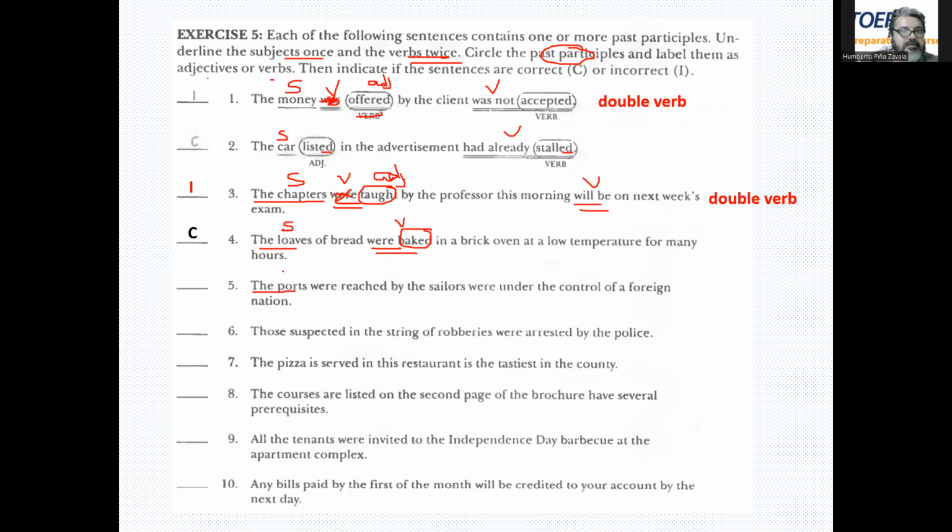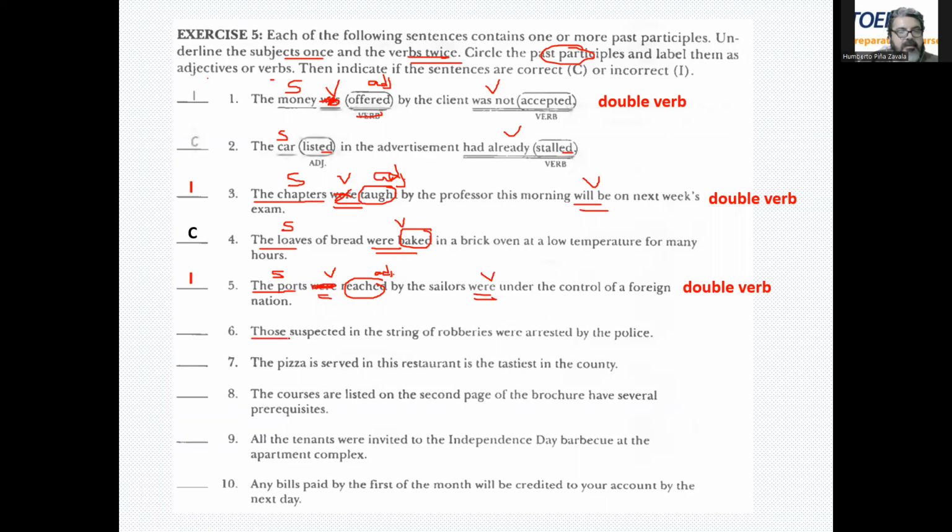The ports reached by the sailors were under the control of a foreign nation. Right, so we've got a subject, but we've got two verbs, and that would be incorrect. Double verb. Again, if we eliminate this auxiliary, then we've got a good adjective. The ports reached by the sailors were under the control of a foreign nation.